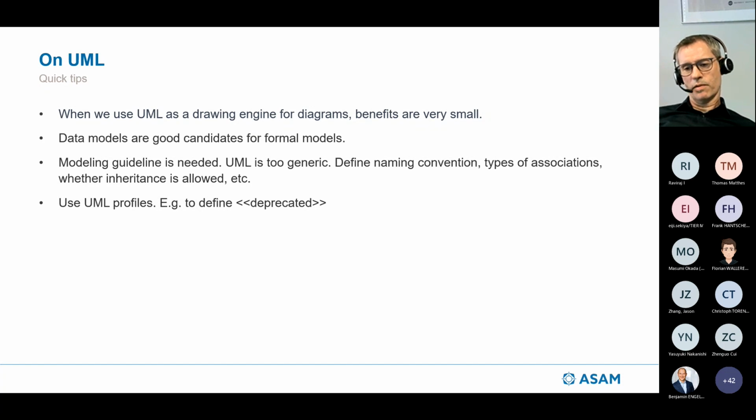A good example of what we once did is we defined the stereotype deprecated, which is not a UML concept, just a concept defined by our domain. Whenever we put this stereotype on a class, we define a semantic that this class has been deprecated and should not be used anymore.